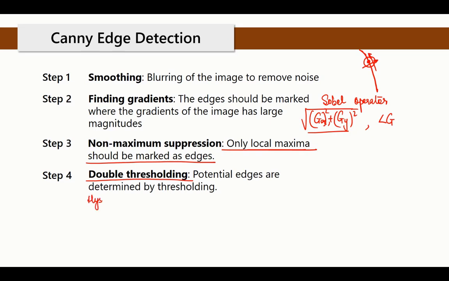By double thresholding, we mean hysteresis thresholding. As the name suggests, it will have two thresholds. And now, after doing non-maxima suppression, you have identified the localized local maxima of each edge.